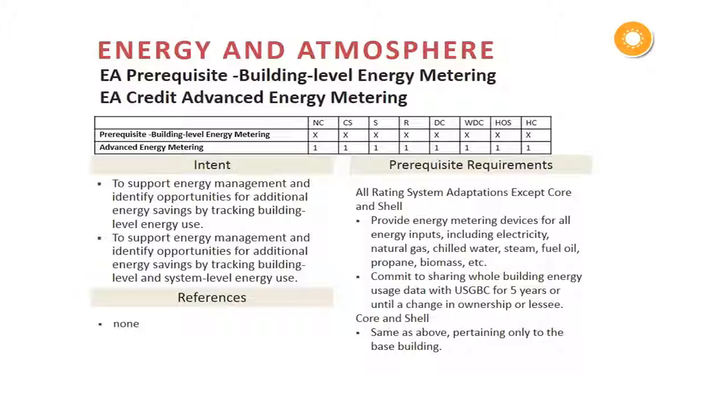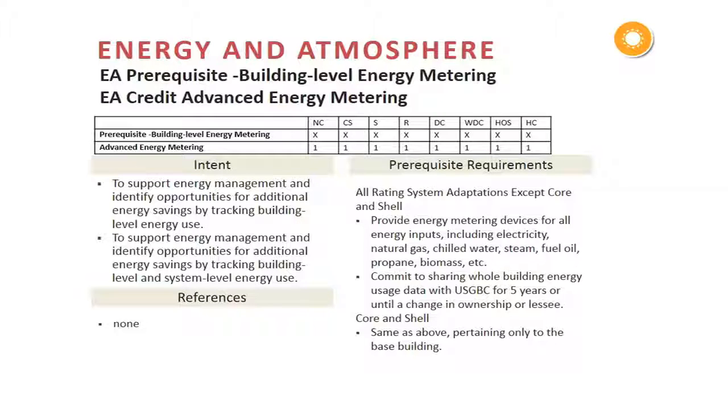So those break down really in reflection of the fact that the building occupants are not well established for core and shell based projects. But for all projects besides core and shell, you'll need energy metering devices for all energy inputs that include electricity, natural gas, chilled water, steam, fuel oil, propane, biomass, or any other type of system that may be an energy input to the building.